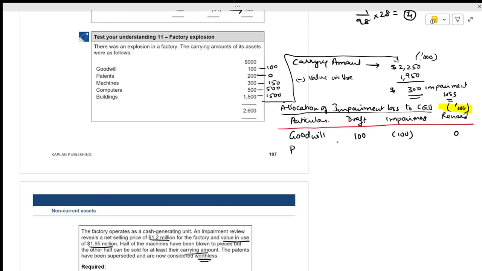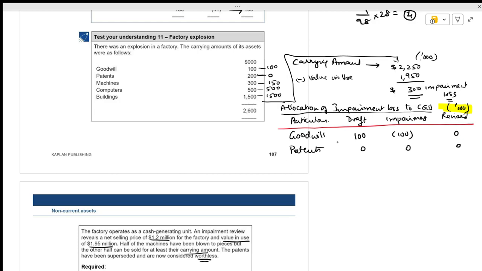Then you will have patents. They say very clearly that the patents have been superseded and are now considered worthless. So patents are 0.